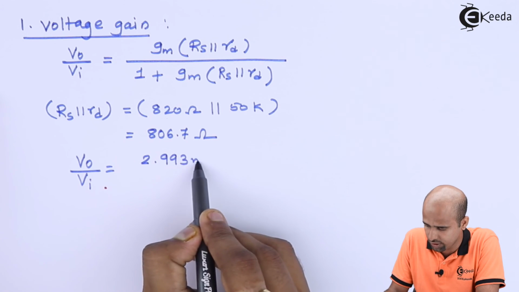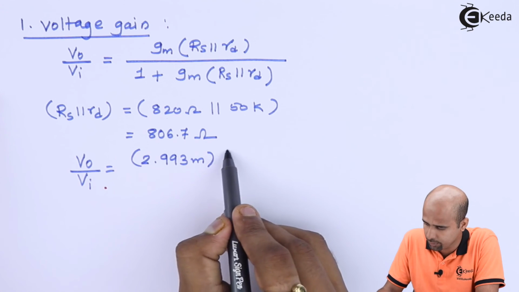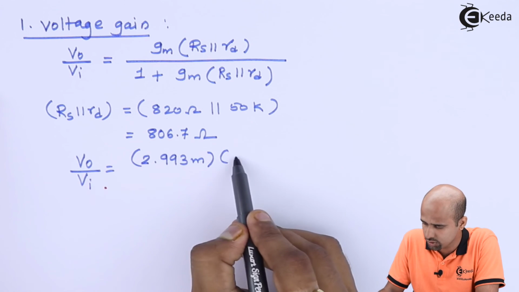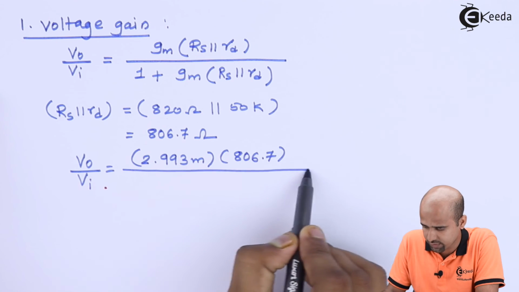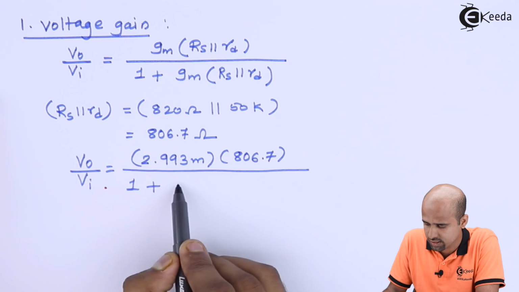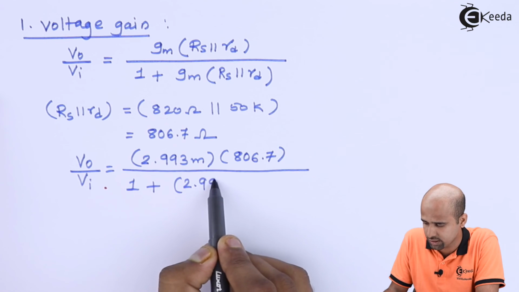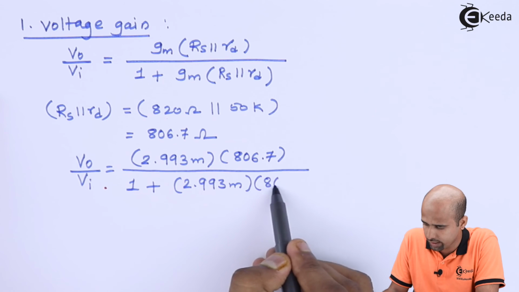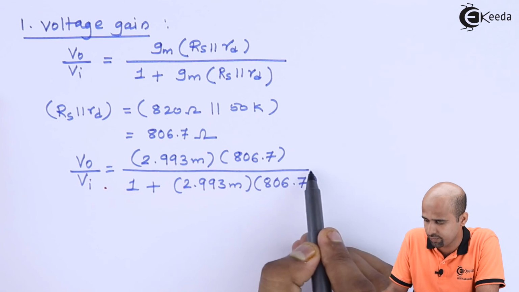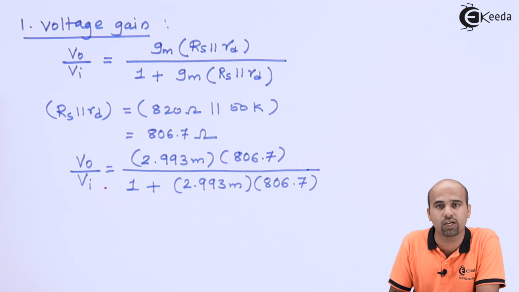I know the value of GM, so we can easily proceed: VO upon VI is equal to GM, 2.993 milli, multiplied by 806.7, divided by 1 plus the same value, 2.993 milli into 806.7. Let's calculate and then come to me.